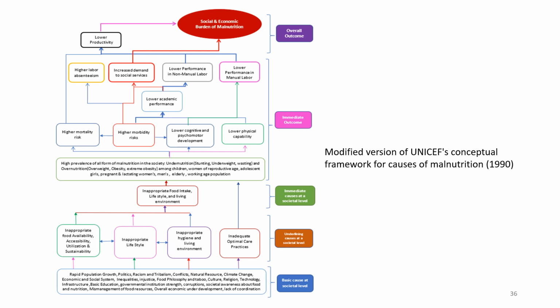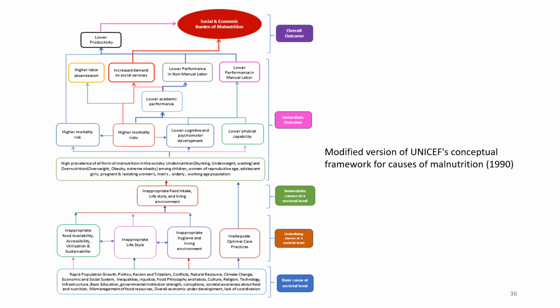This higher morbidity will also increase labor absenteeism. In addition, higher morbidity risks will lower performance in manual labor. In addition, lower cognitive and psychomotor development will lower academic performance, and will also result in lower performance in non-manual labor.